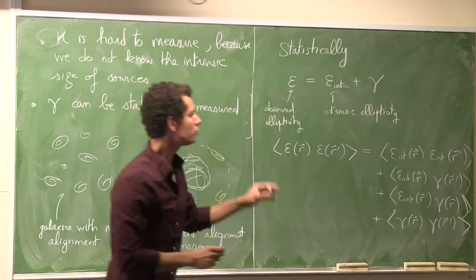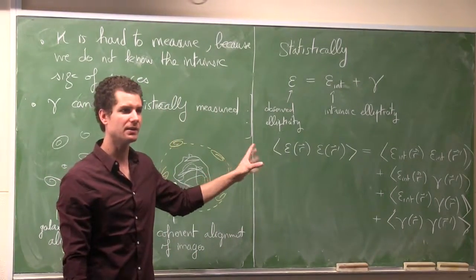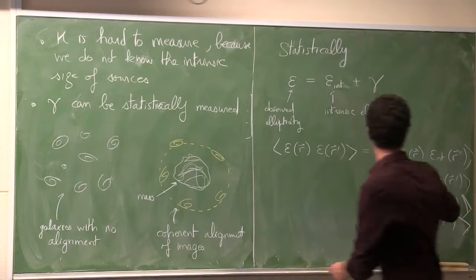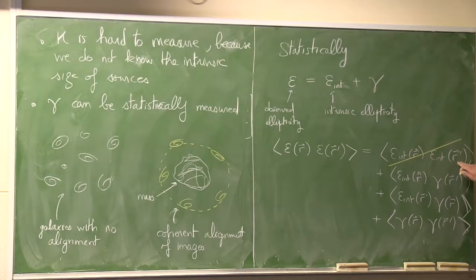Right? So if you assume that there is no intrinsic alignment of the ellipticities of galaxies, then this thing vanishes, because the ellipticity of a given galaxy at one point is not correlated to the ellipticity at another point.